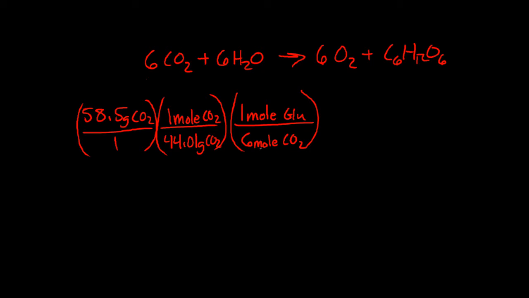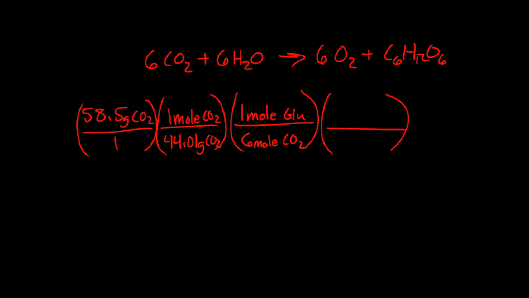Now again, I'm putting the moles of CO2 in the denominator here because I need it to cancel out with the moles of CO2 in the numerator over here. So then the last conversion factor here is converting out of moles of glucose and into the mass of glucose.